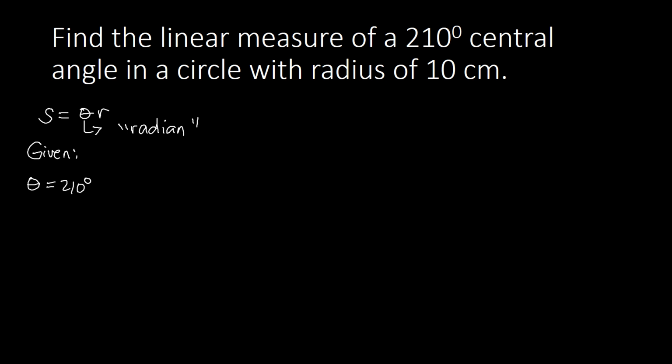Converting this into radian form, we multiply that with pi rad over 180 degrees. Again, the conversion here is pi rad is equivalent to 180 degrees. So it's right for us to multiply 210 degrees by pi over 180 degrees, canceling the unit, which is degree.